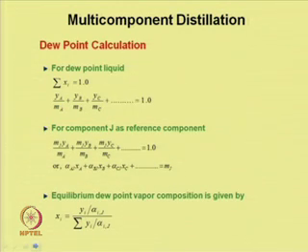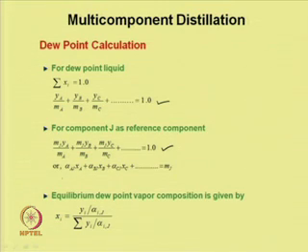The dew point calculations are similar to the bubble point calculations. For dew point, summation over x i would be equal to 1.0. So, we can write y a by m a plus y b by m b plus y c by m c and so on would be equal to 1.0. Now, if we consider j as the reference component, so m j y a by m a plus m j y b by m b plus m j y c by m c and so on would be equal to 1.